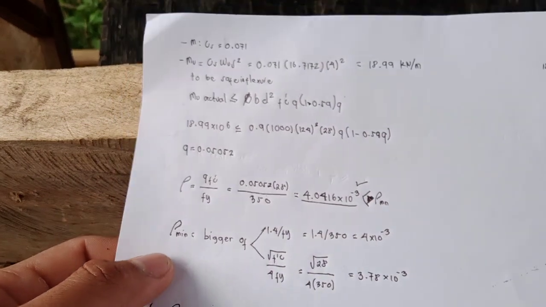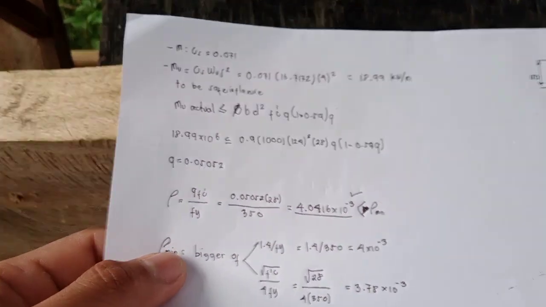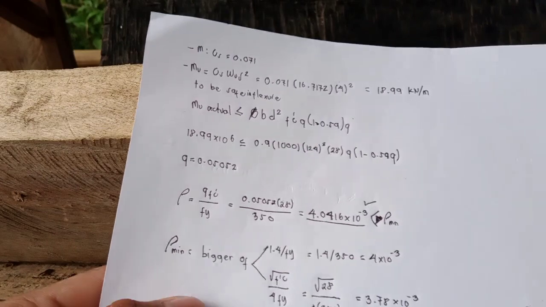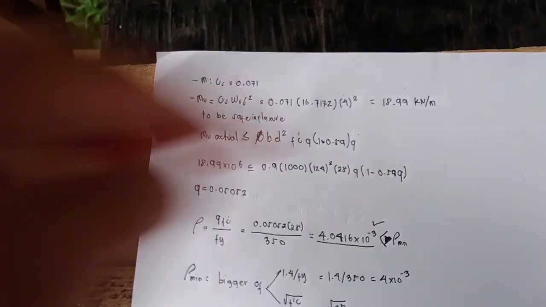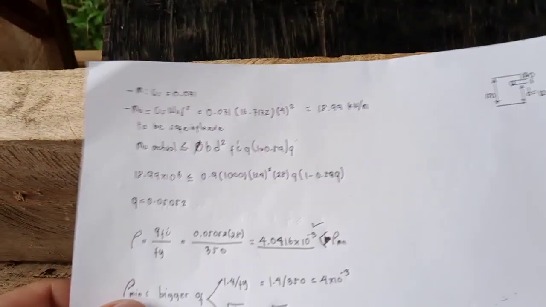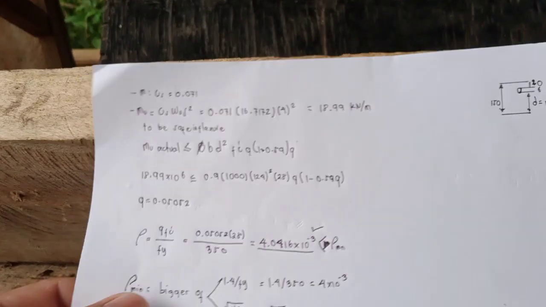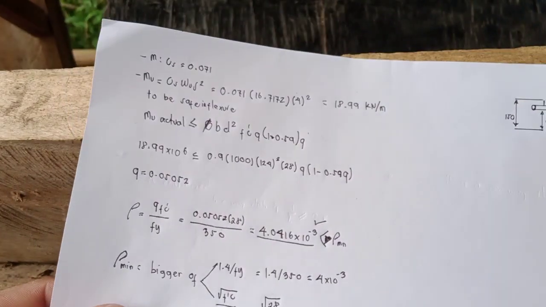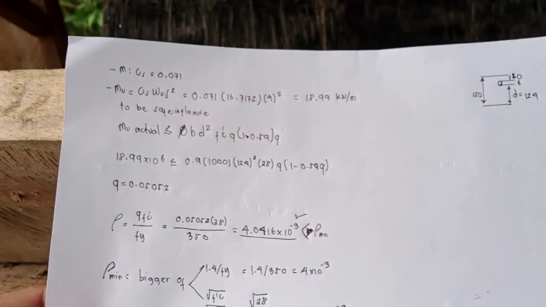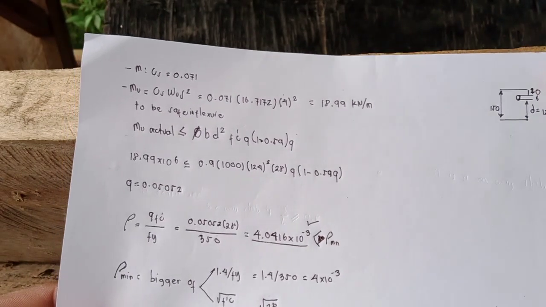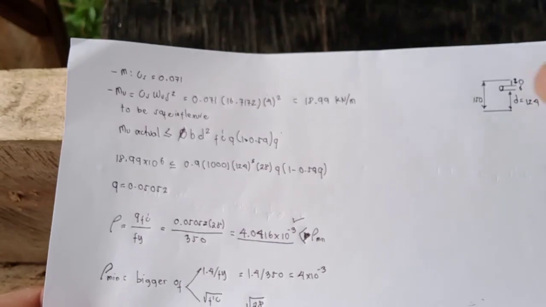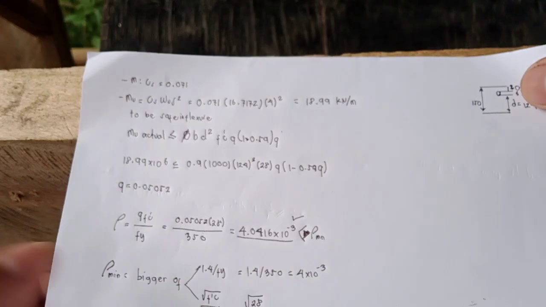And our d, how did we get our d? The d is 150 mm thick for the corner slab. So we have a minimum cover of 20 mm, and this is the half bar diameter.